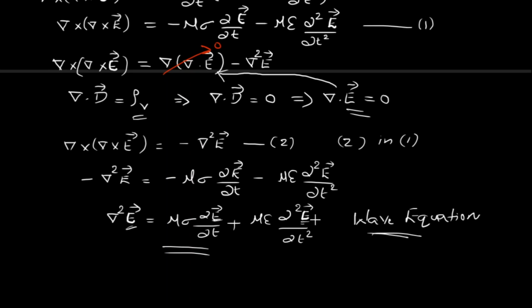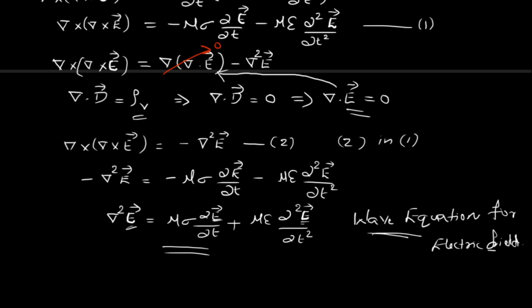Both the RHS and LHS directly show the variation of electric field intensity. So I call this the wave equation for electric field.